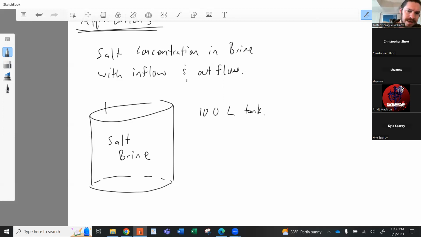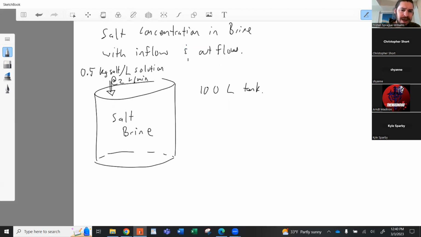So flowing in, pumping into the tank, we have a 0.5 kilogram of salt per liter solution. That is what's flowing into the tank, and it is doing so at 2 liters per minute. So we have a brine with a certain salt concentration flowing into the tank at a certain rate.